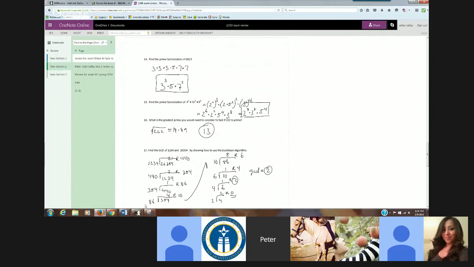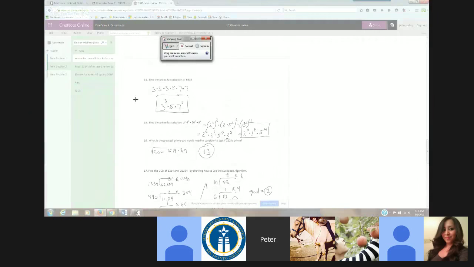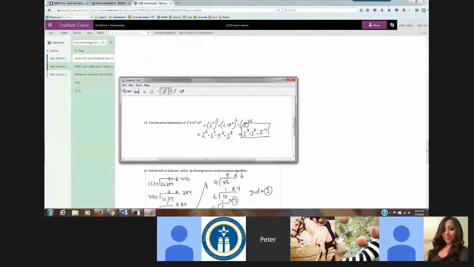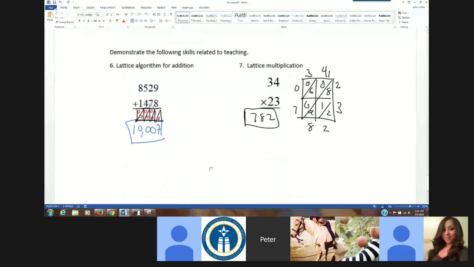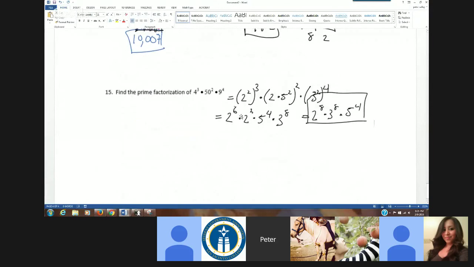Find the prime factorization. Okay, so the trick on 15 is that not all the sets of numbers are prime themselves. So this is where you have to go in and use exponent rules to break up each of the numbers into their prime factors and then collect up all of the prime numbers.